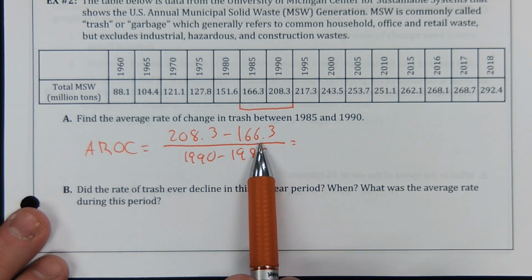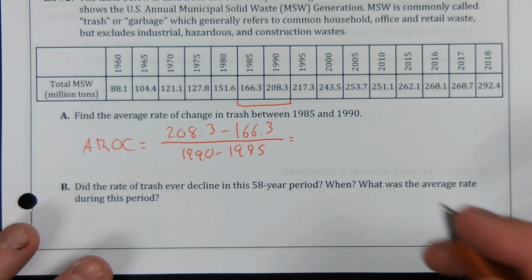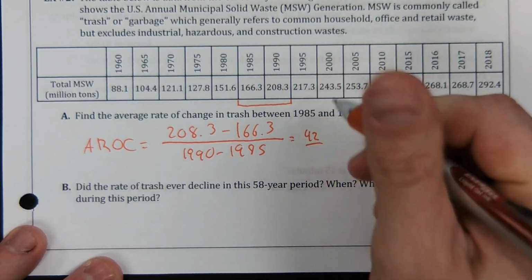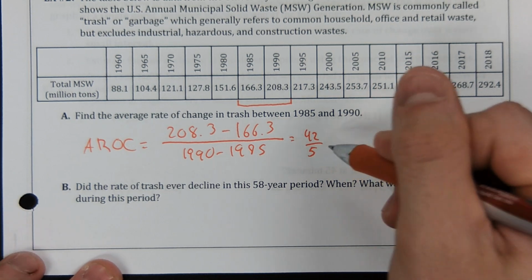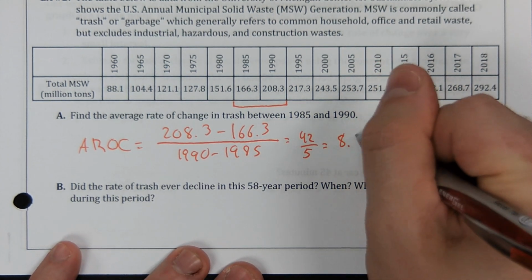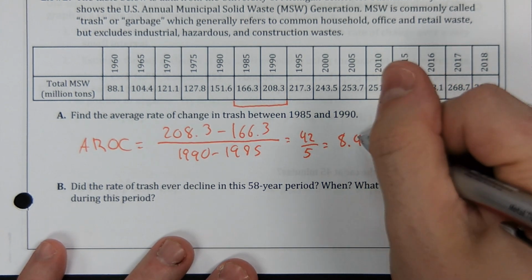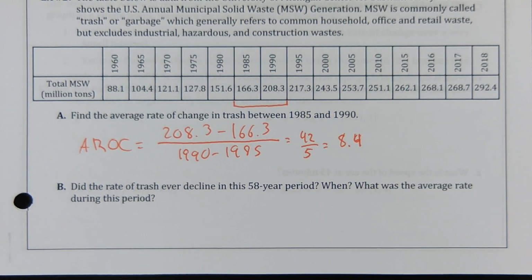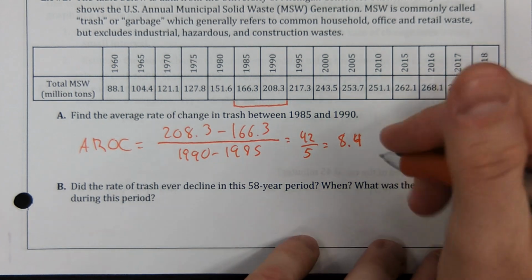That's going to give us 42 over 5. If you need to, grab a handy dandy calculator and get 8.4. But remember, AP is going to require you to write your units. This is 8.4 millions of tons of trash per year.